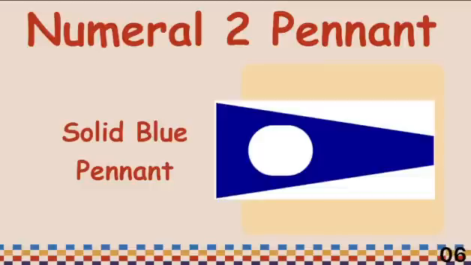Next is the numeral 2 pennant. It is a solid blue pennant with a white circle at the center. So this is again the numeral 2 pennant.